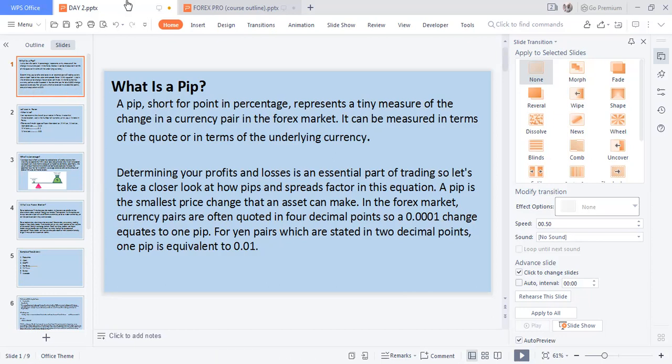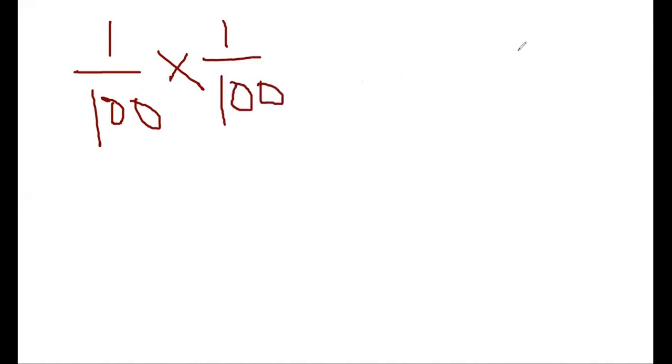What exactly is a pip? Let's go to my board. If I have 1 over 100 times 1 over 100, 1 times 1 is what? 1. 100 times 100 is 10,000.